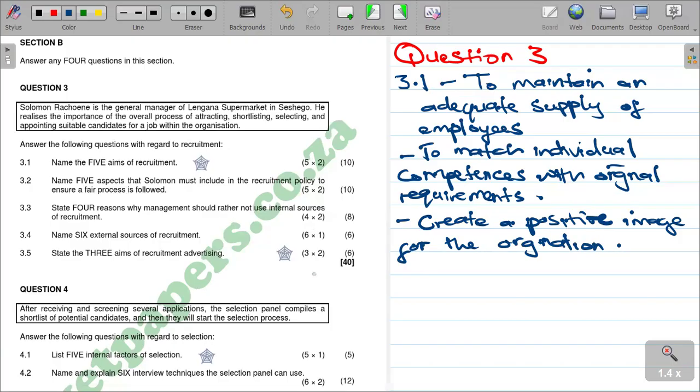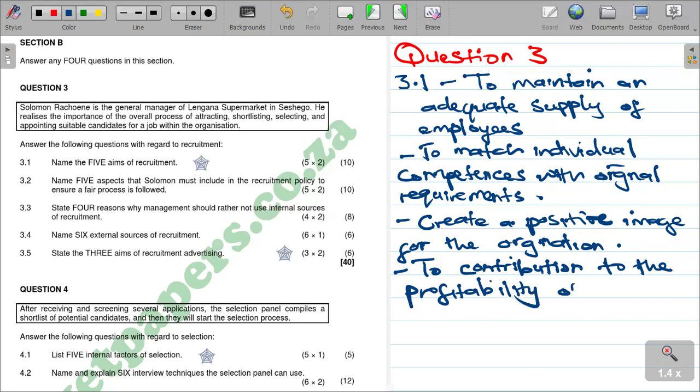And also to contribute to the profitability of the organization. Recruitment is done so that the organization becomes profitable. Right.